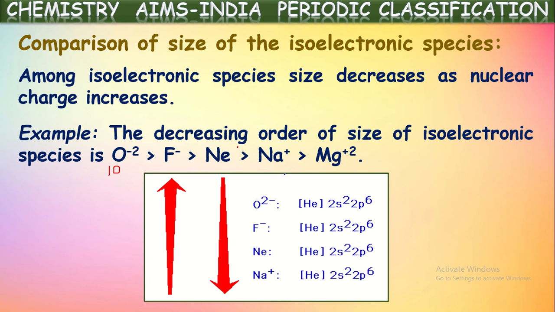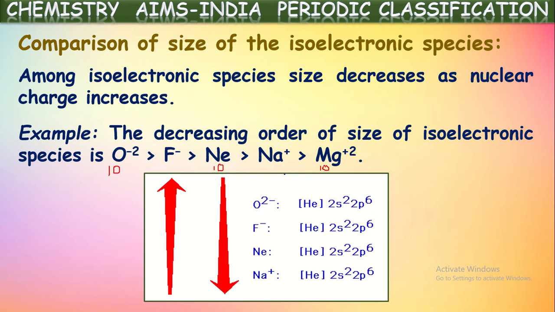If we see neon, we know the atomic number of neon is 10, so it already has 10 electrons. For magnesium, we know the atomic number is 12, and it is shown here with +2 charge, so we can understand it lost 2 electrons, so it remains with 10 electrons.